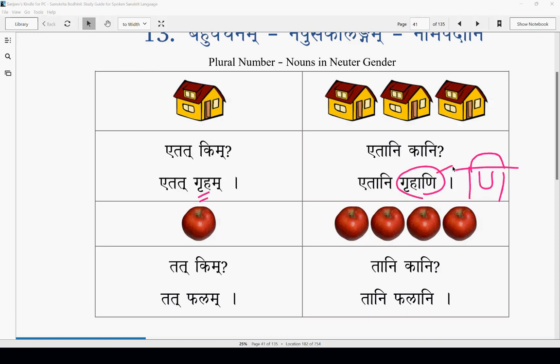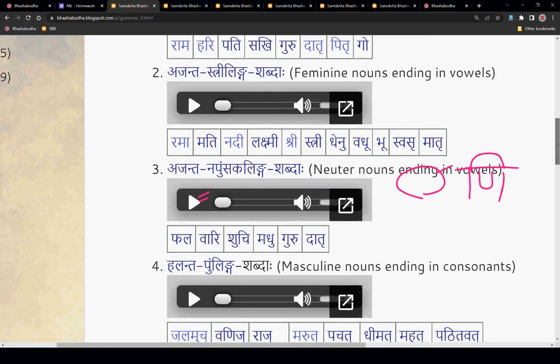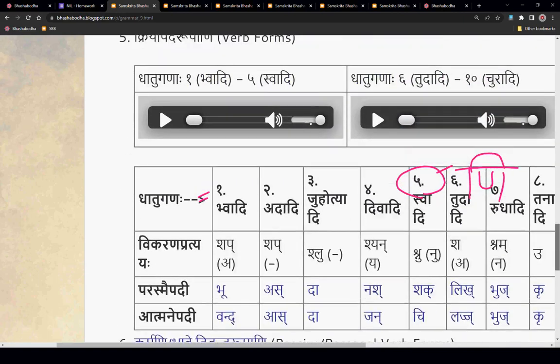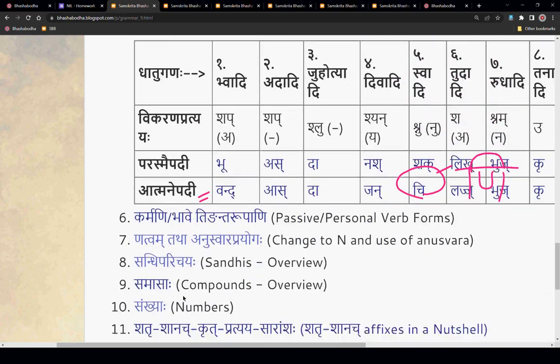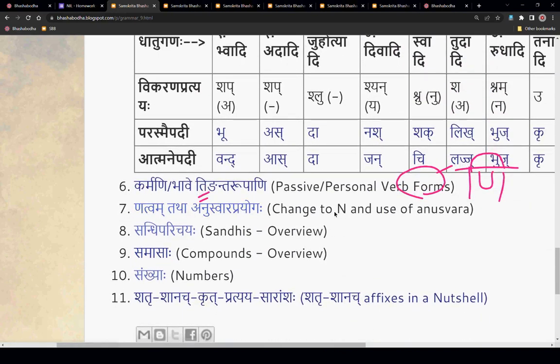I think last time I pointed you to that link, where you can see where the na changes to na, like here. The change of na to na and the use of anusvara. You can read it, or in the Sanskrit Bodhini book it is also in the appendix.